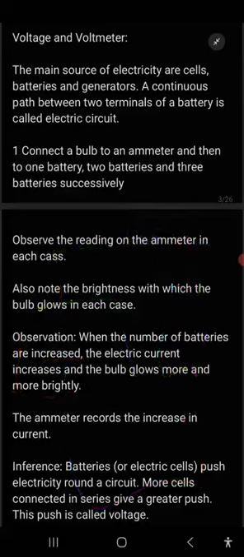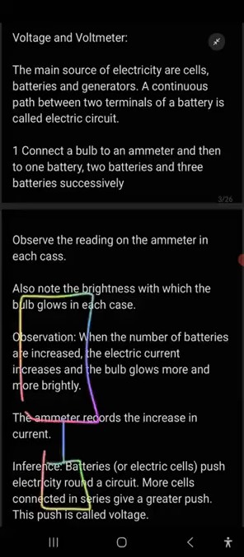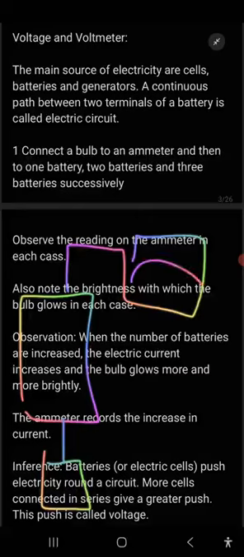But if you add two batteries and then get an ammeter, it will be in the middle section. If this is bad, this will be okay. And then there'll be a bulb here.